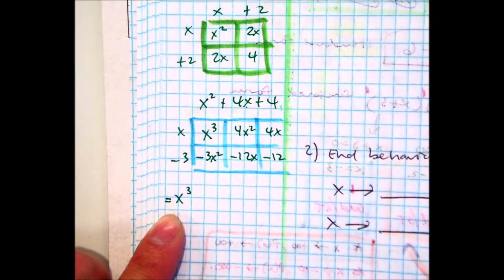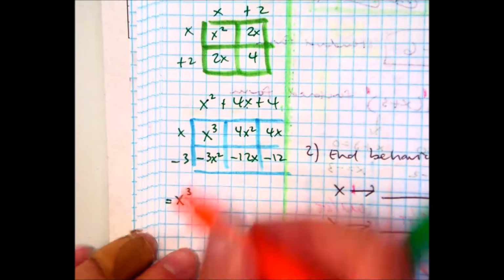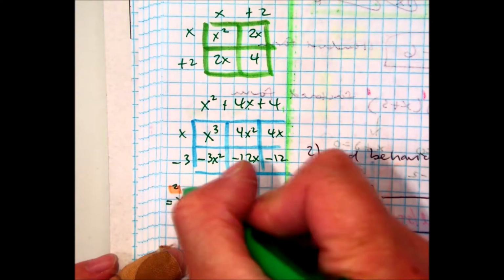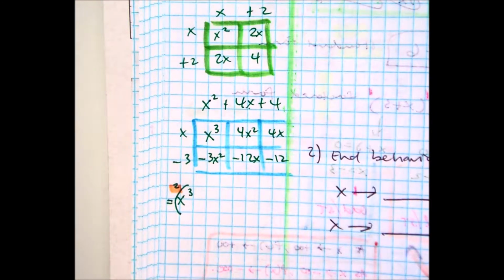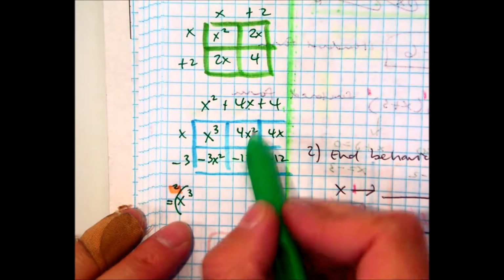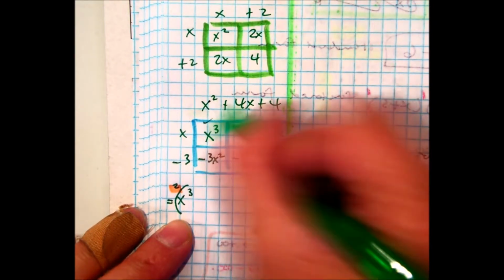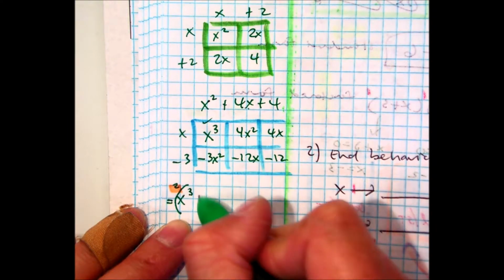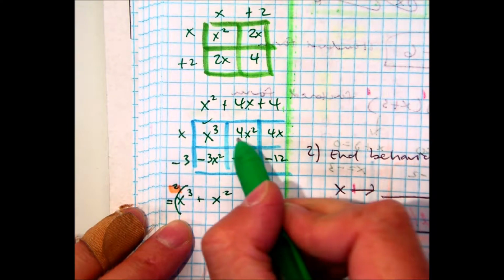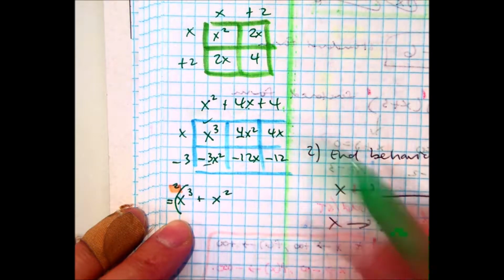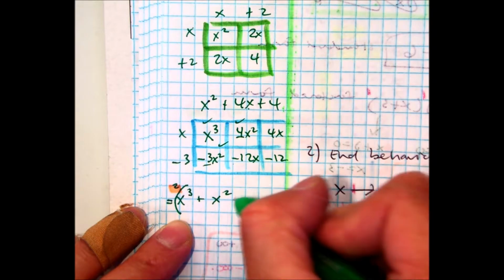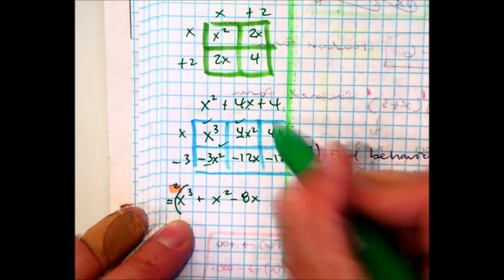I forgot something. I forgot that 2. So 2 times all of this. Combine like terms. Plus x squared, so you're just adding the number in front. Negative 12 plus 4, negative 8x.